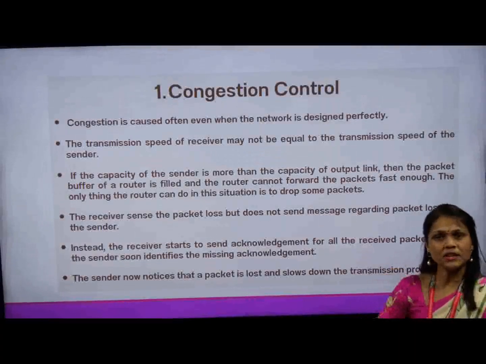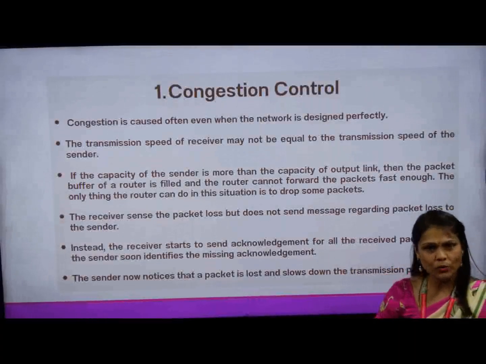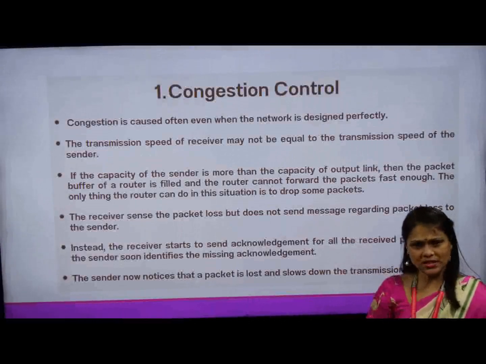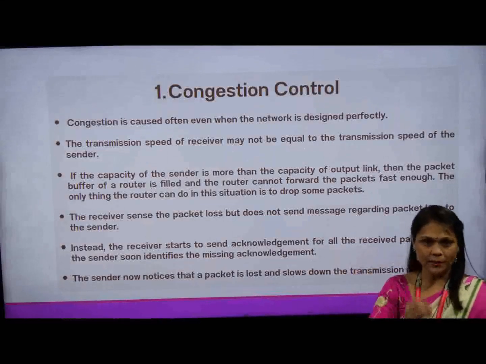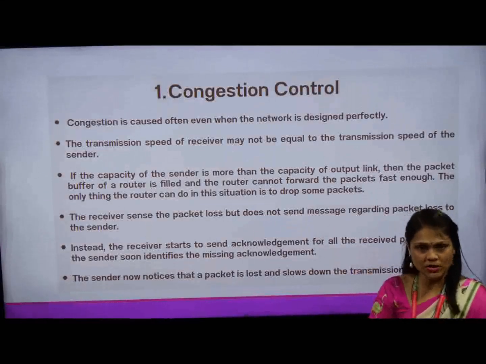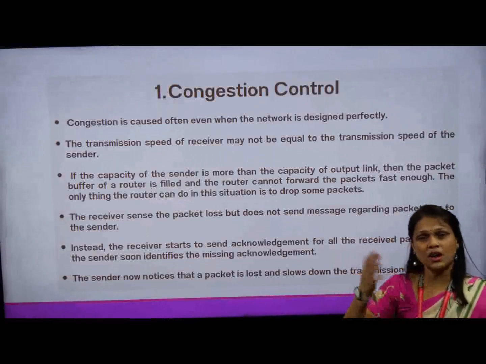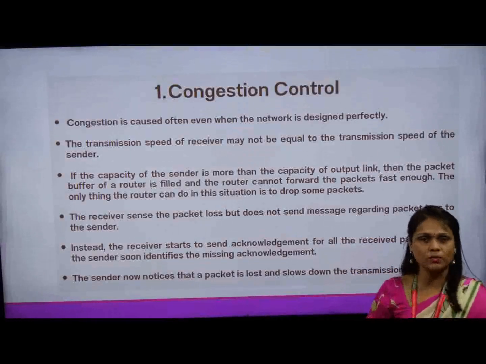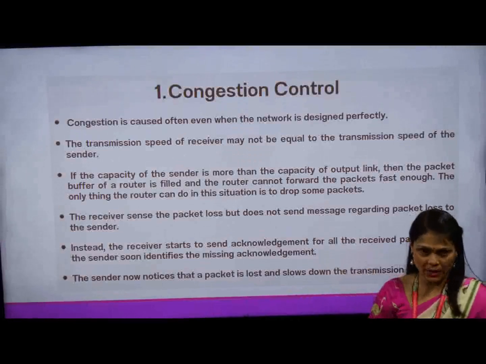And when the network gets overloaded, what will be the consequences? The packets start dropping. When you can hold only 10 books and you are overloaded with 100 books, obviously we'll just drop the books. The same way happens in our network also.